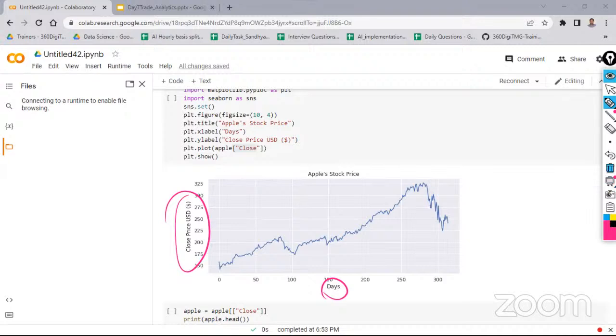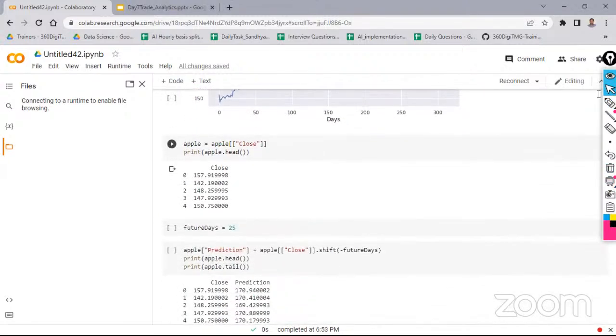Okay, now so we have considered only the column and we are supposed to predict for the future days. Next 25 days I need to predict. That is a value that I have taken.